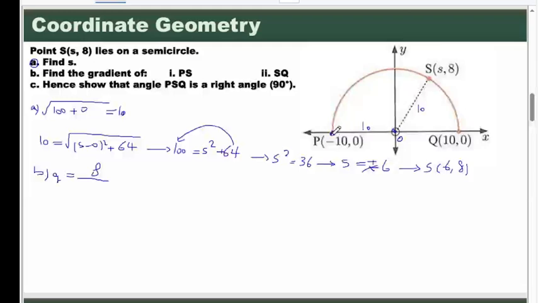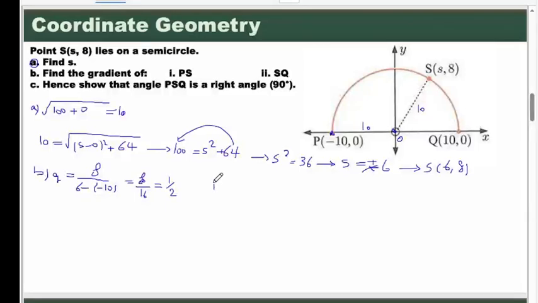For the x step, again I say 6 minus 10, that would be 8 over negative 16. If I simplify, both are divisible by 8, so it would be negative one half, the gradient of PS.